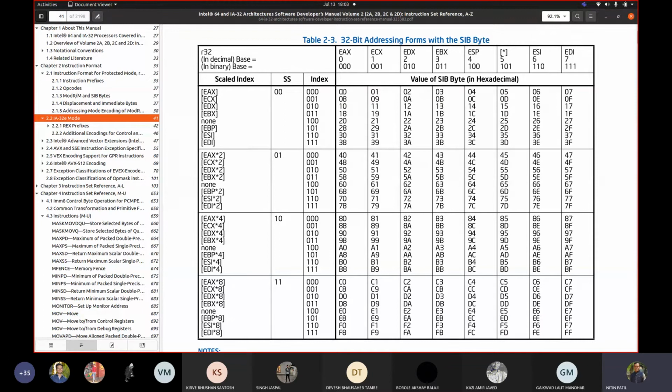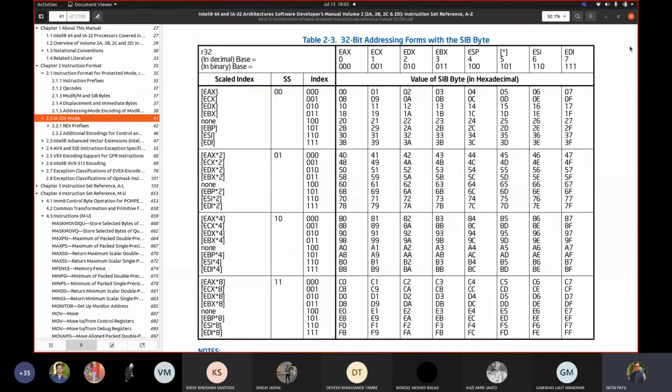If I follow this matrix, does it look like a matrix? What is the size of this matrix? See, you have 8 plus 8 plus 8 plus 8, 32 rows, and how many columns? 8 columns.